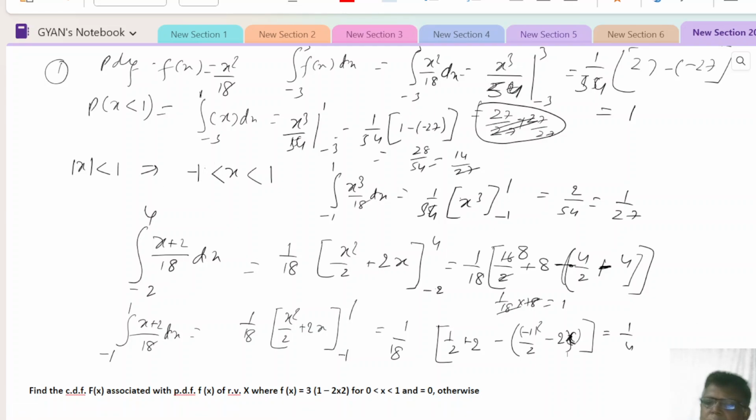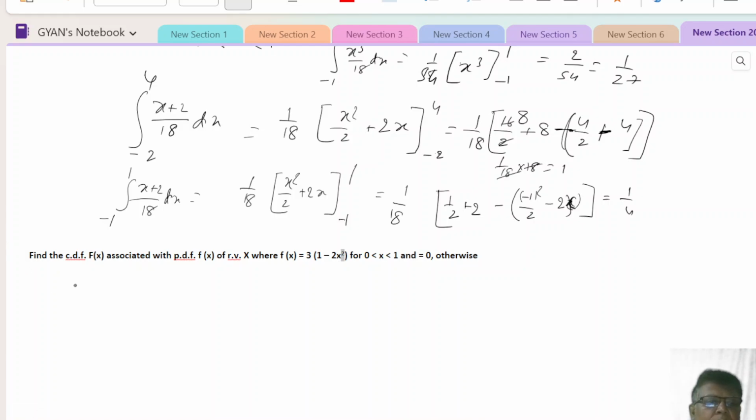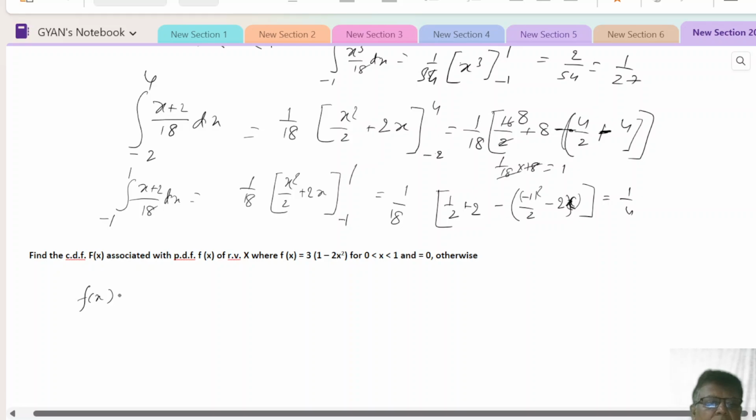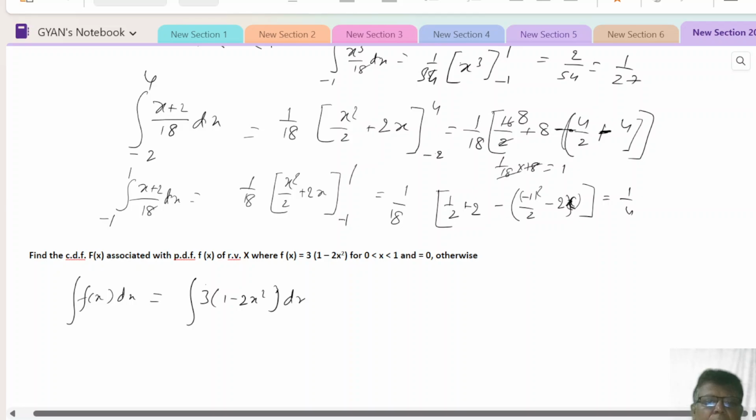Now come to the last question. Last question, 3 2x square. So first you find out whether it's a random variable or not. So for random variable, integral of fx dx is equal to 3 times 1 minus 2x squared defined from 0 to 1.